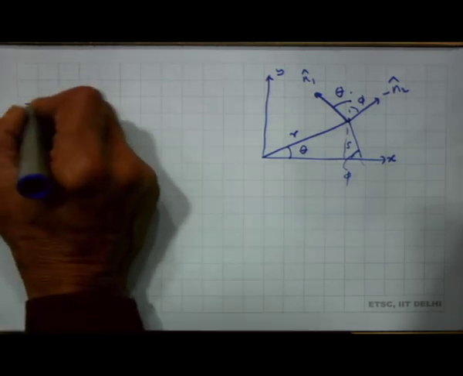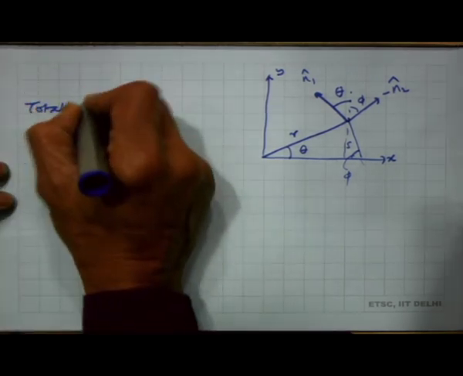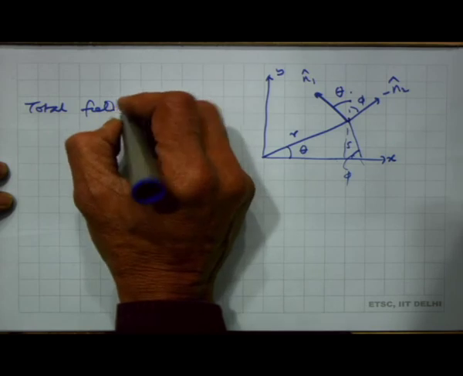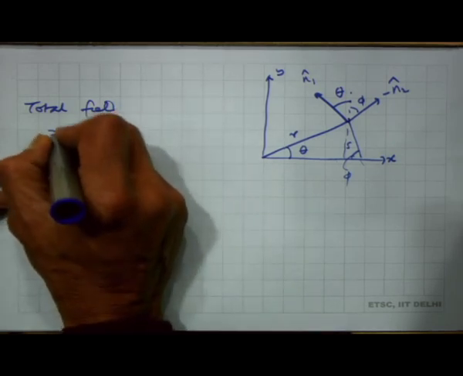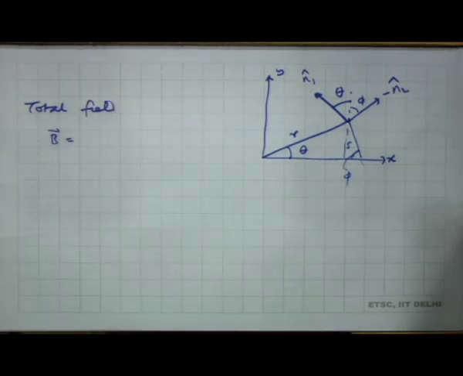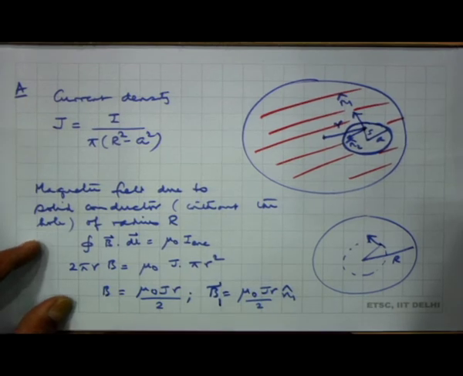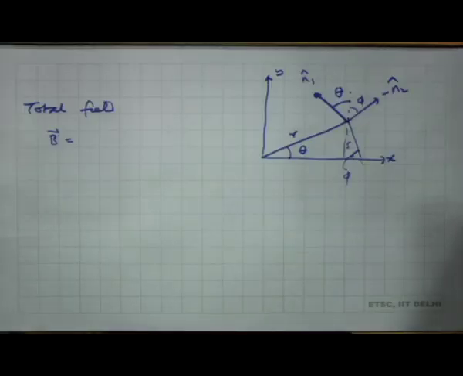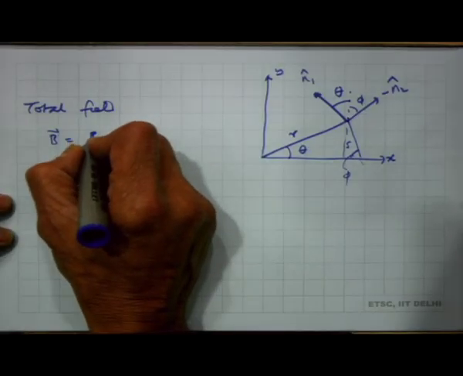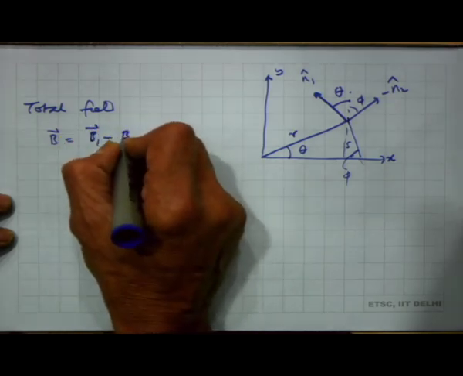So, total magnetic field B is equal to, I should have named this as B 1, that is due to the thick conductor of radius capital R. So, B is equal to B 1 minus B 2.